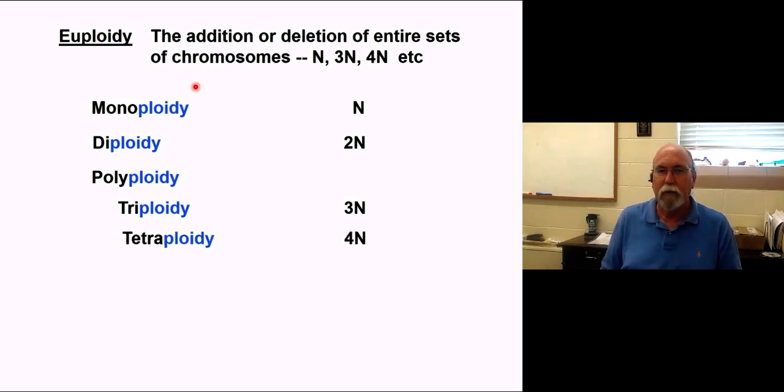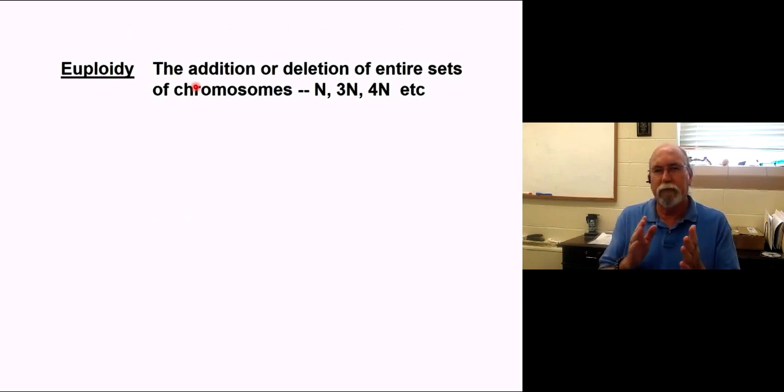Okay. There's tetraploidy, there's pentaploidy, there's octaploidy, there's all sorts of things that we'll move up the line on ploidies. Okay, and we'll give some examples of those in later lectures. All right. So we've got euploidy. It's this addition or subtraction of entire sets. So you've got a complete set that you don't need, or you're missing a complete set.